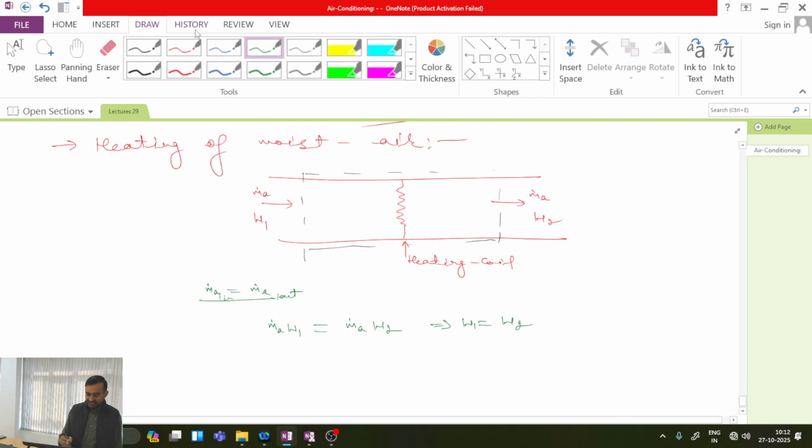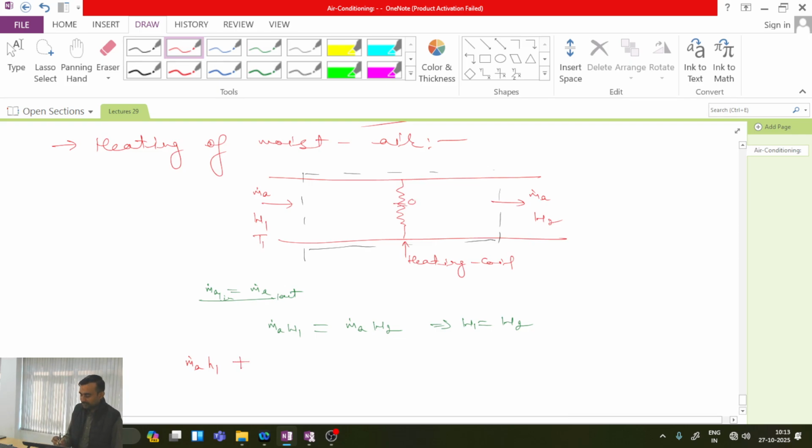Now let's talk about the energy balance. m dot a is coming in at some thermodynamic state 1. It may have a dry bulb temperature of T1, and m dot a is coming with enthalpy H1. And what I am doing in between?